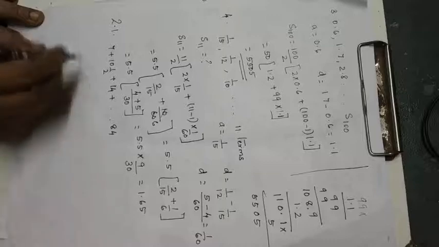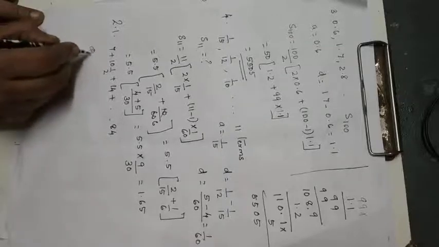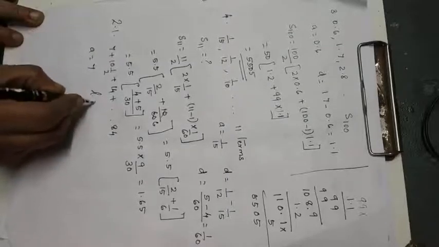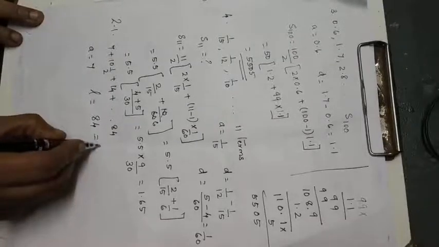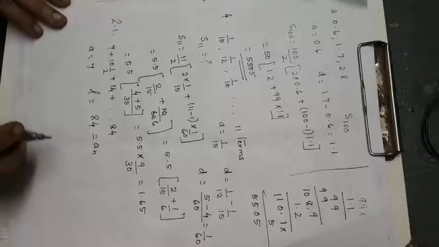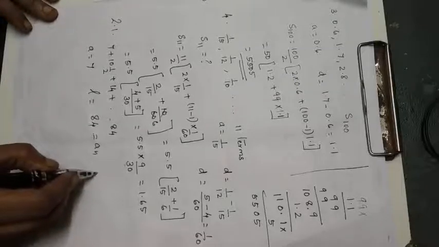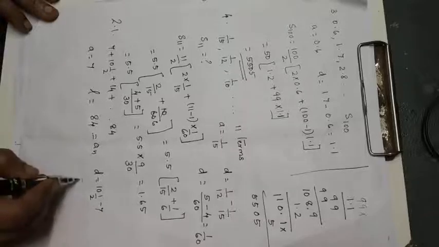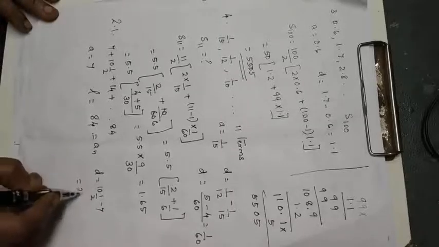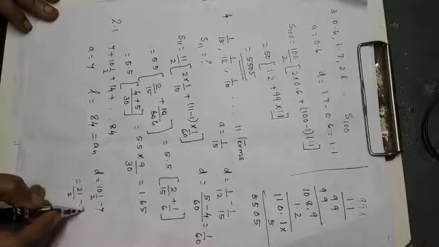So our A is equal to 7, L is the last term, equal to 84, or An is equal to 84. So D, what is D? That is 10 and a half minus 7. 10 and a half you can write as 21 by 2 minus 7.